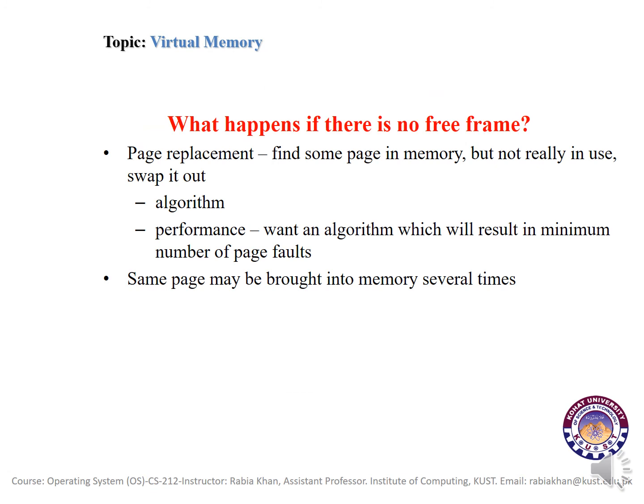Now, what happens if there is no free frame in physical memory? The operating system has to then swap out a blocked page to secondary storage or virtual memory, and the required page is brought in place of the swapped out page. The best suitable page replacement algorithm is applied, the one which will result in fewer page faults, as a page fault acts as a trap for the operating system.